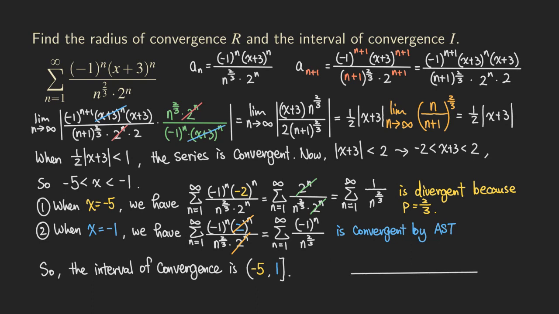So let me show you some details right here. Let's say we have the number line, and if we plot the center on there, we have -3 right here. Is that okay so far? The -3 is the center. Now, what is our interval of convergence? We have -5 and -1.